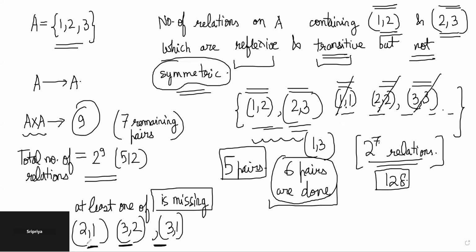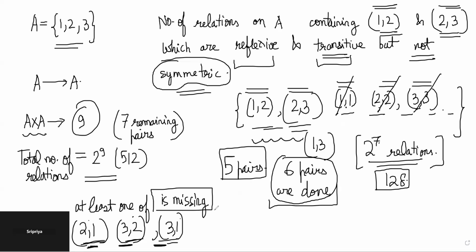In order to make sure that it is not symmetric, what you need to ensure is that at least one of them is missing. But sir, even if one of them is present, this condition will not be satisfied, right? Two of them can also be present. All three cannot be present.